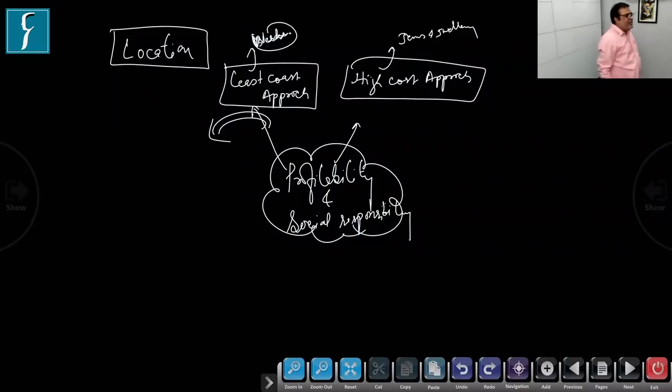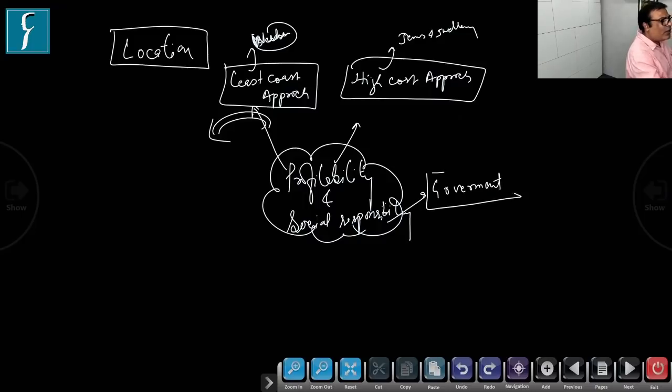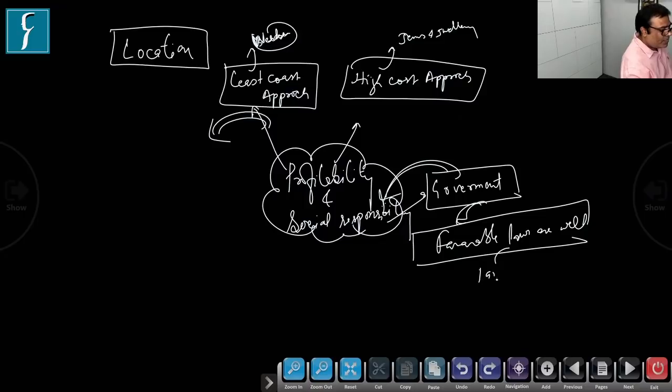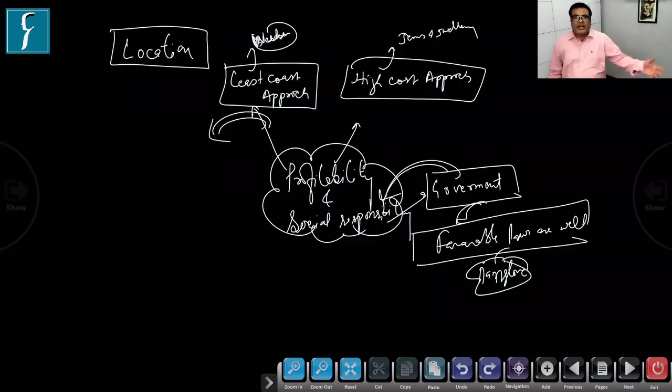Social responsibility is mainly taken up by the government. But the government's role in industrial location should not remain confined to social responsibility. It comes in favorable laws as well. And the best example we can cite is Bangalore, which has become the software hub in the country.